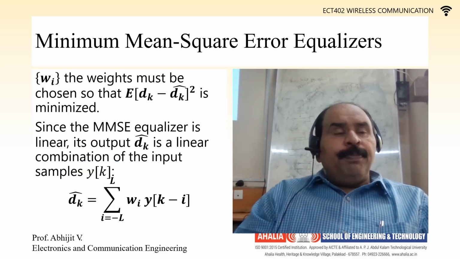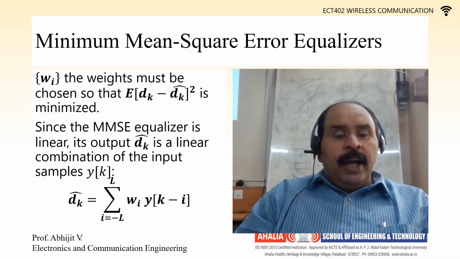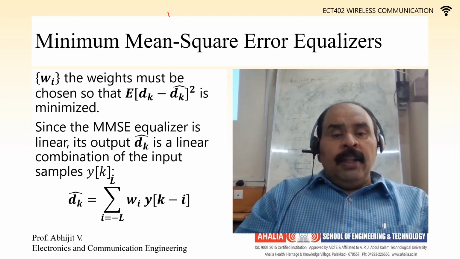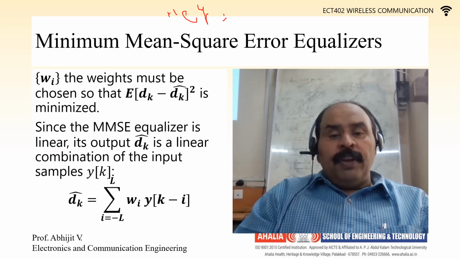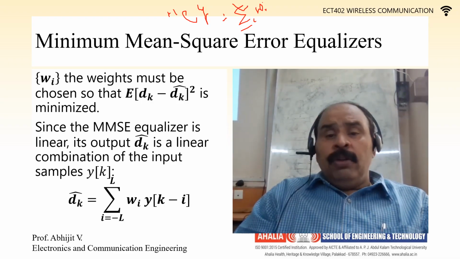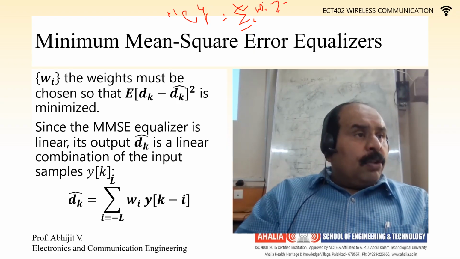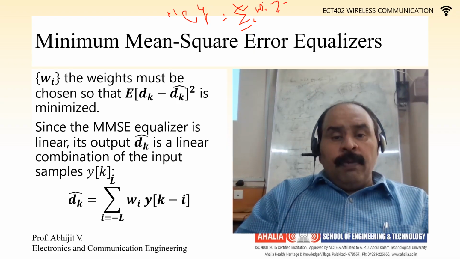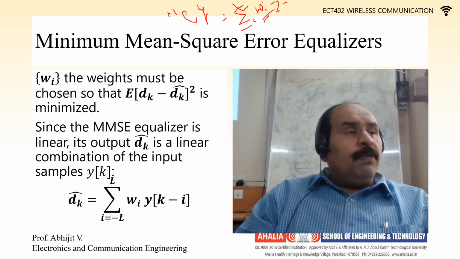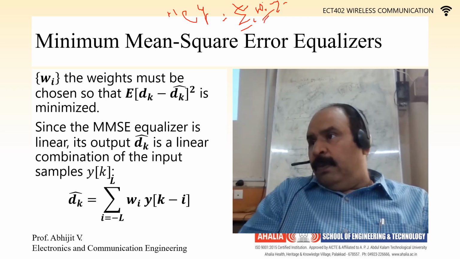So the weights Wi, we have seen that Heq is equal to sigma from minus L to L of Wi into z to the minus i, right? Yes or no, for linear equalizers? Now what we have to do is design the weights.